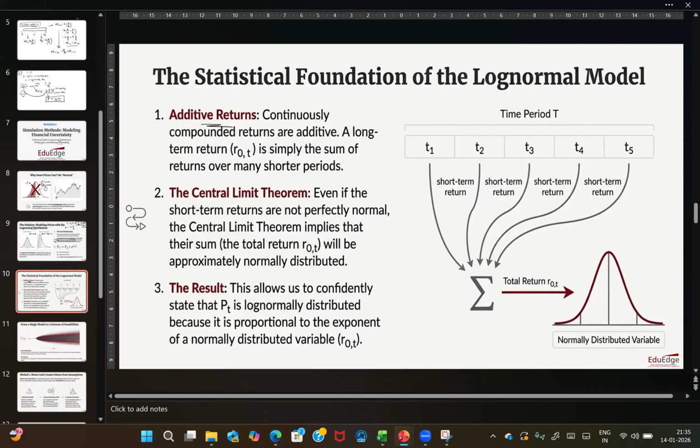Also, a very key role of the central limit theorem: even if short-term prices, or returns rather, are not perfectly normal, the central limit theorem implies that the sum will be approximately normally distributed. What does that mean?